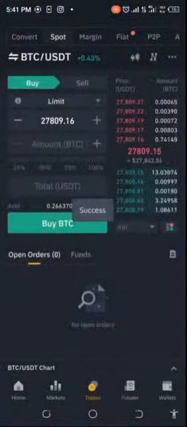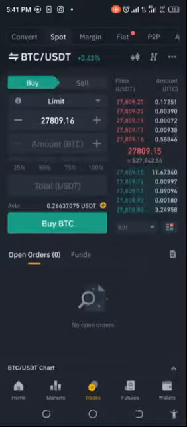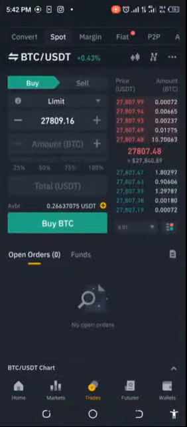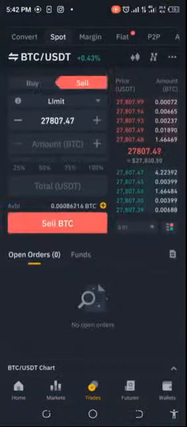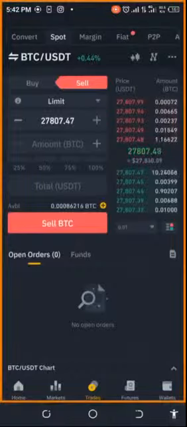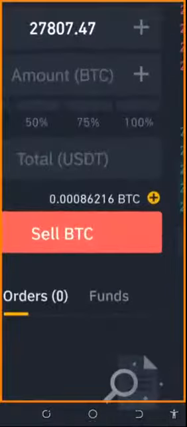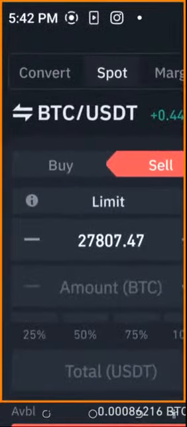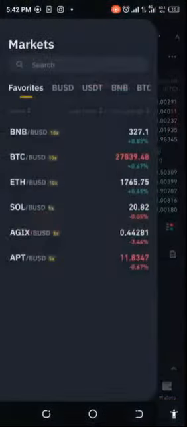So now we bought it. Like I told you, it didn't pick up everything. We're still left with 26 cents here. No problems. Let's go back and see how much we have. We have 862. Let's quickly run along to buy our MLN. So we have MLN BTC.